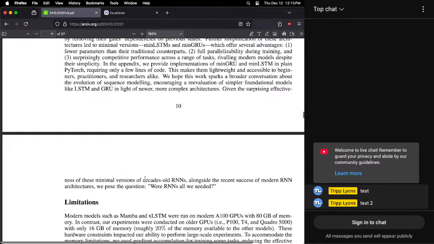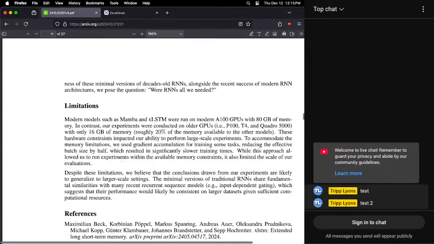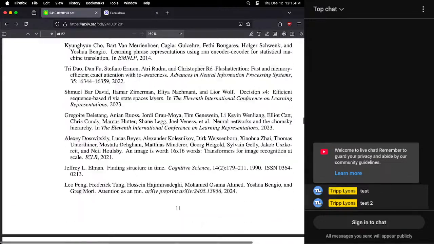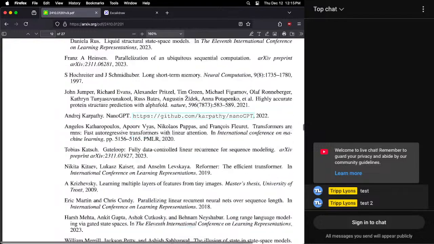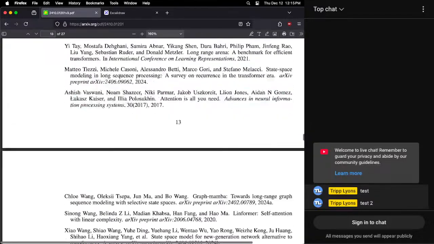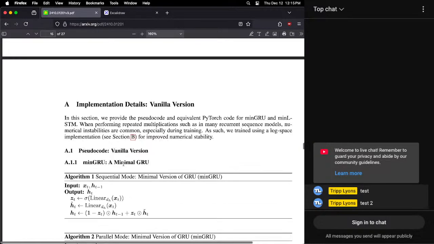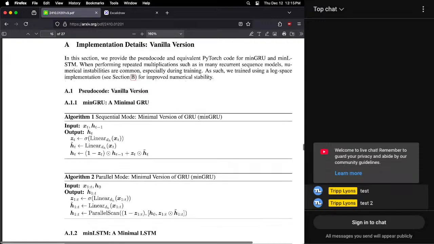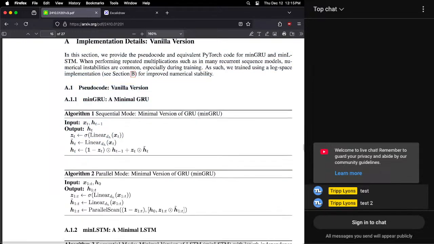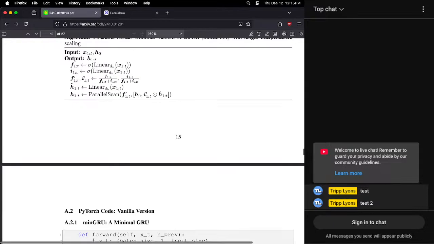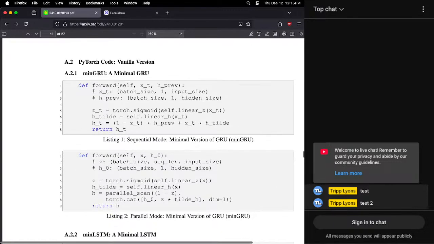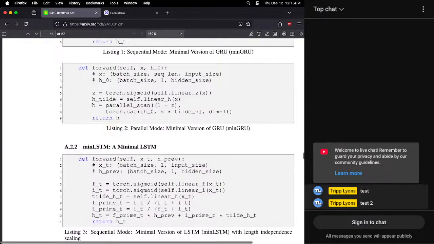Let's see. Limitations, references. Let me see if I can find that PyTorch implementation here. Sequential mode, where it is. Where's the actual PyTorch? Just an algorithm. Okay. Where's this parallel?